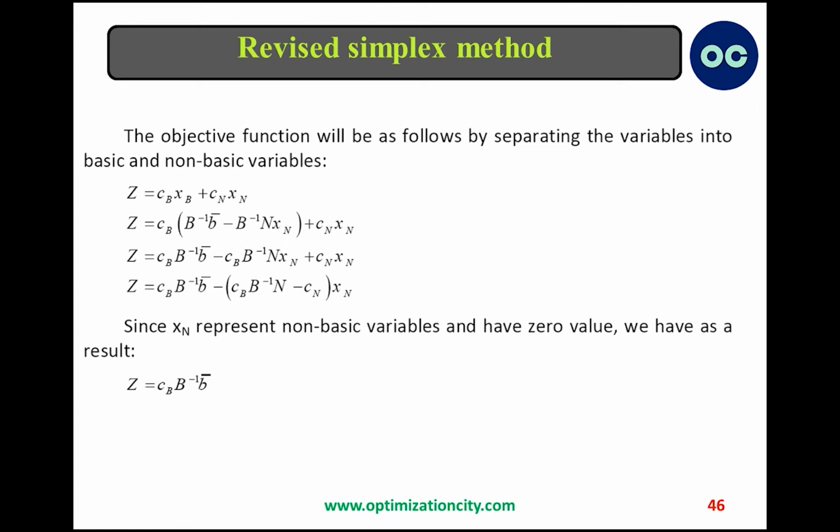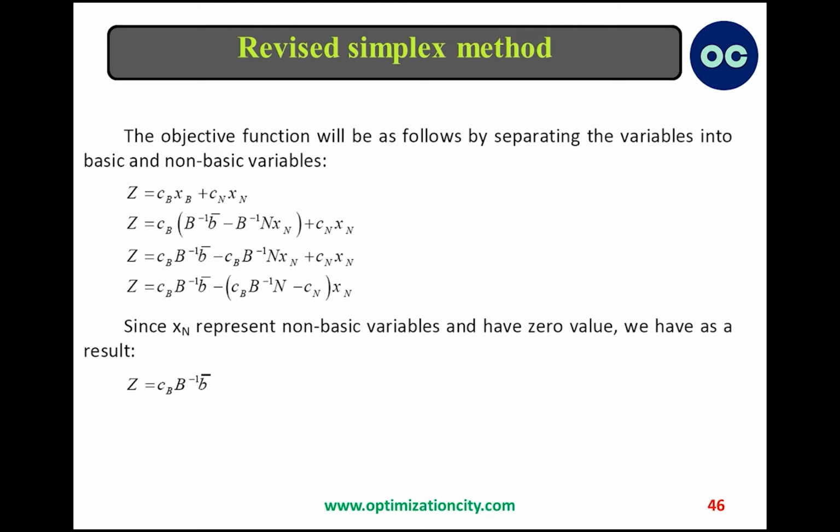By classifying the variables into basic and non-basic variables, you can express the objective function as follows. This is the objective function. Given that xn denotes the non-basic variables with the value of 0, you can conclude that z, the objective function for a particular table, is equal to C sub B times B inverse times b bar.